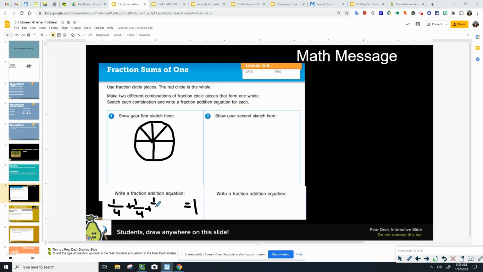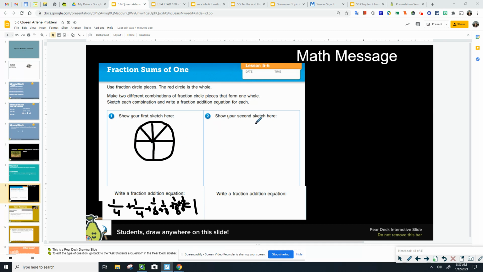So I'd have 1/8 plus 1/8, it's going to be tight, plus 1/8 plus 1/8. Yeah, kind of messy, kind of tight. But when I add all of these up, 1/8 plus 1/8 plus 1/8 plus 1/8 plus 1/4 plus 1/4, I get a whole circle, and you could tell right here, okay?